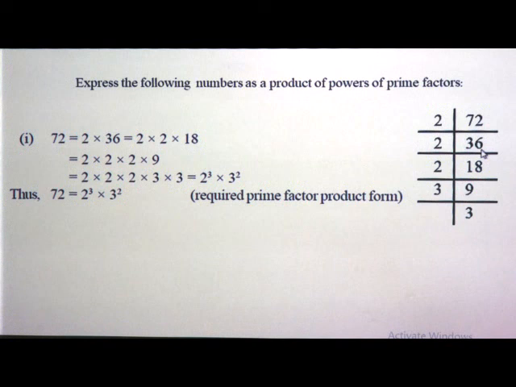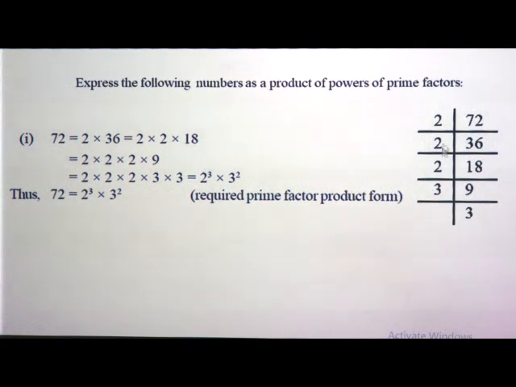Again we have an even number here, so we can divide it by 2. 2 18s are 36. Again we have an even number, 18, so we divide by 2. 2 9s are 18. Now, we have an odd number, so after 2 we try 3; 3 3s are 9.